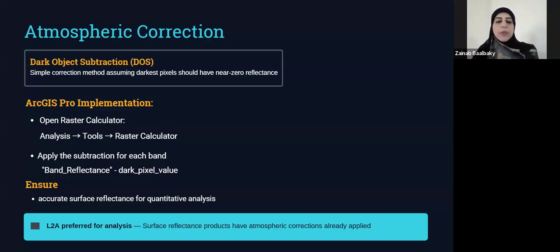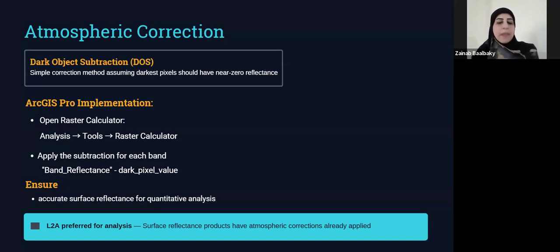In ArcGIS Pro, you can apply this correction to obtain accurate surface reflectance, essential for quantitative analysis like vegetation indices or land cover classification.